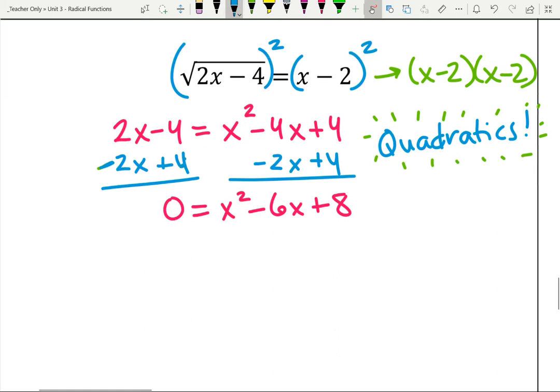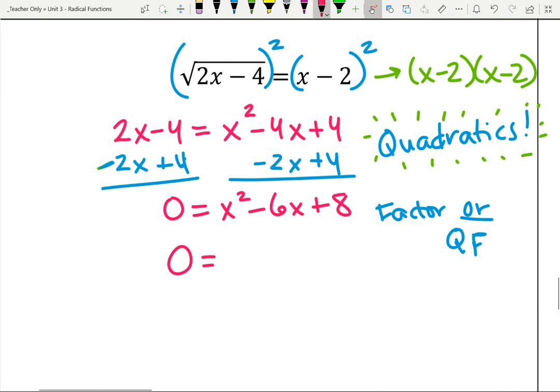So just as a reminder, we have several different strategies for solving quadratic equations. We could factor, or we could use the quadratic formula if we needed to. That quadratic formula is still a good friend of ours. In this case, I'm going to use factoring.